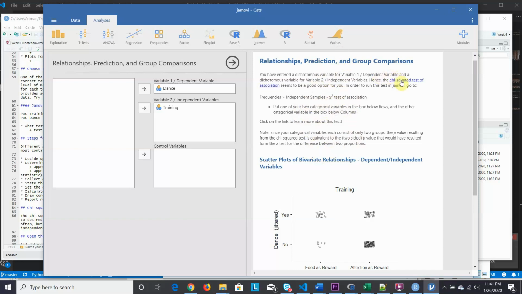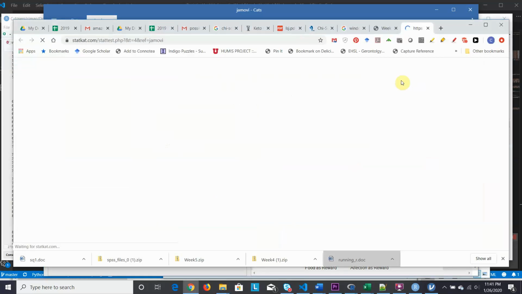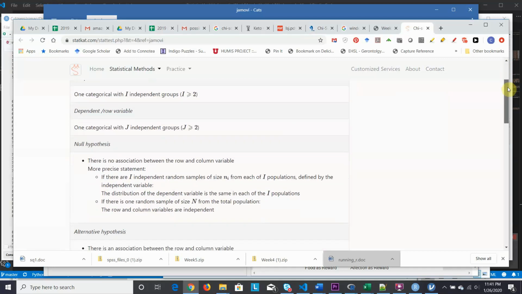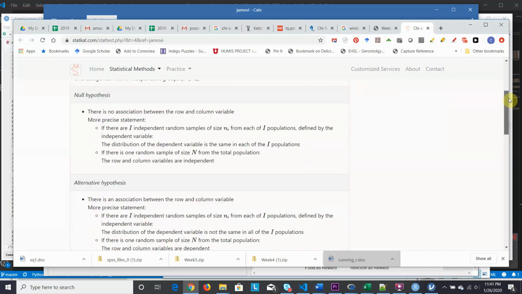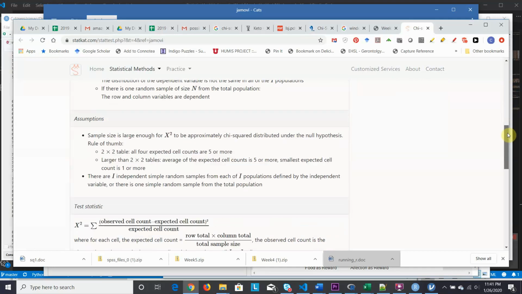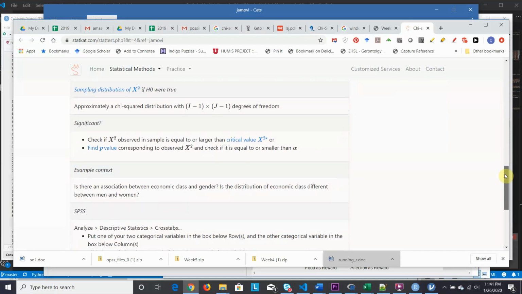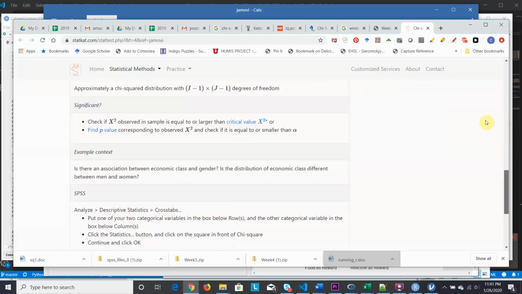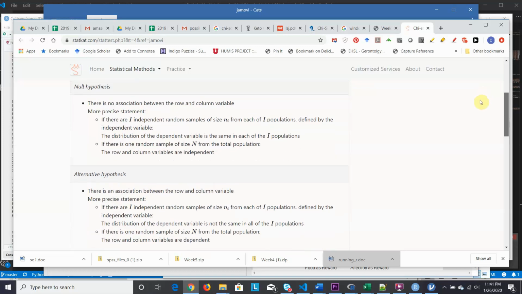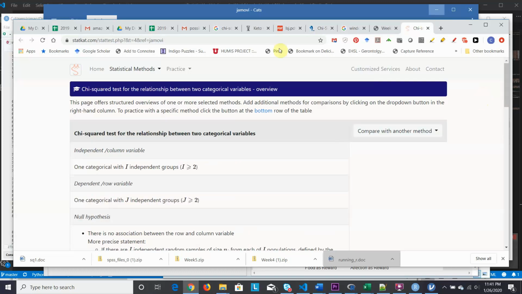Again, if you look at these, this page will actually take you to a web page where it describes the particular test and the null and alternative hypotheses. And I have not read through the chi-square page on this, so I don't know how well what I have in this assignment matches their descriptions or not, but that's handy to know.